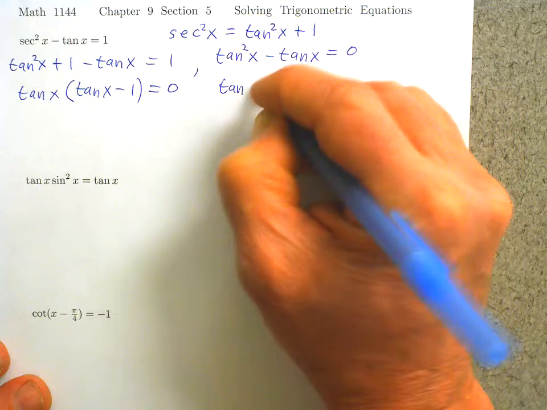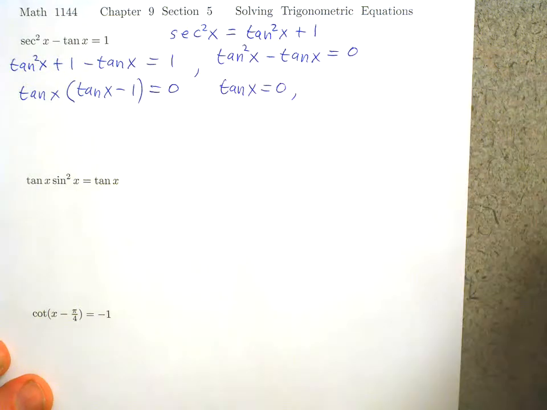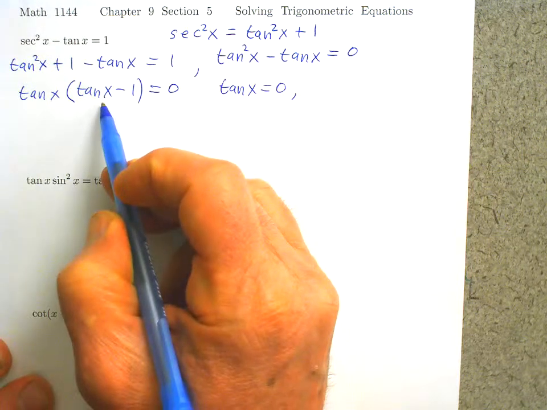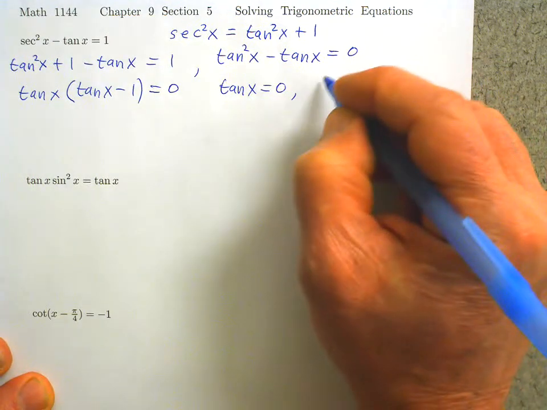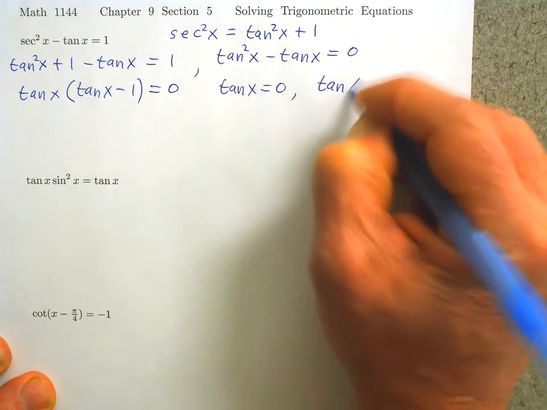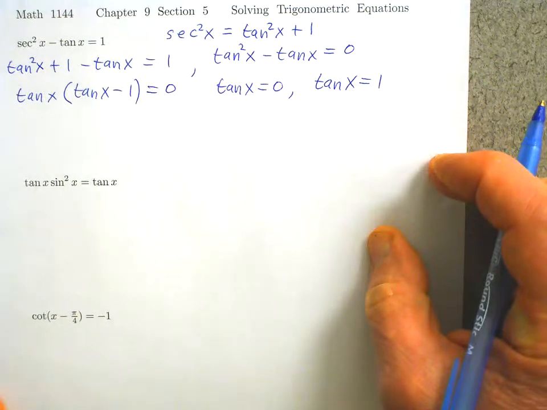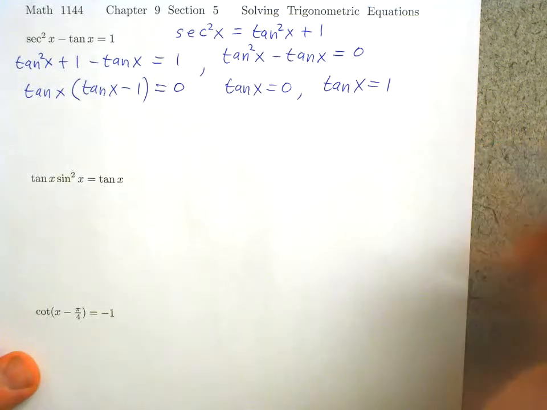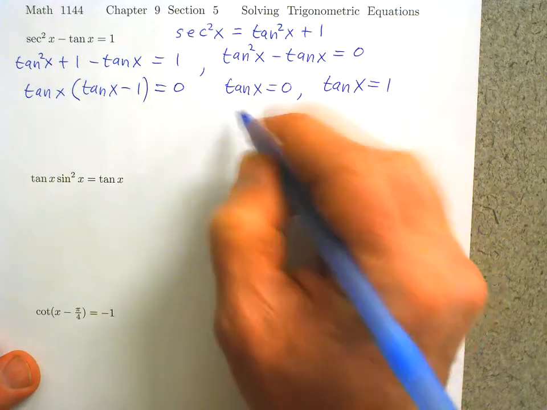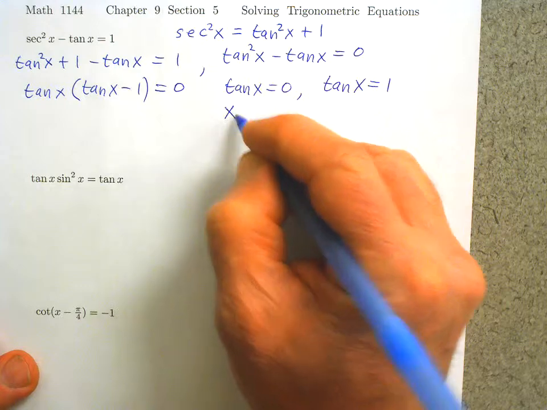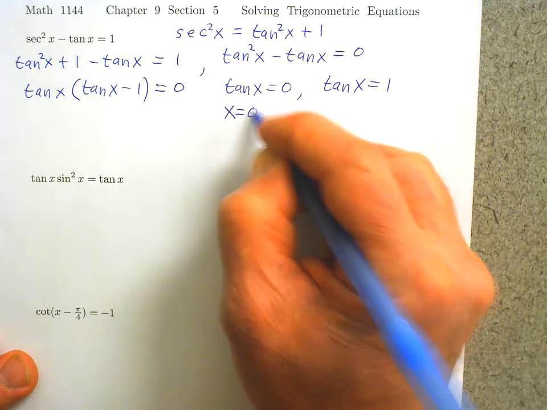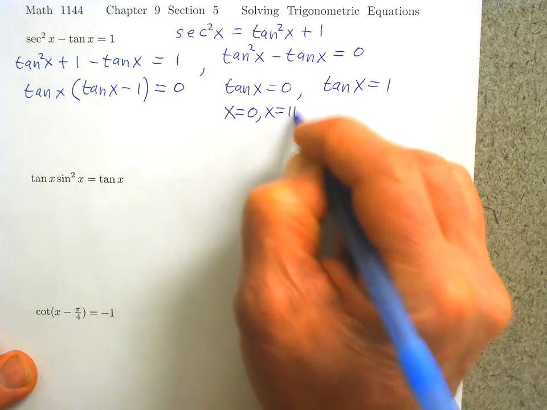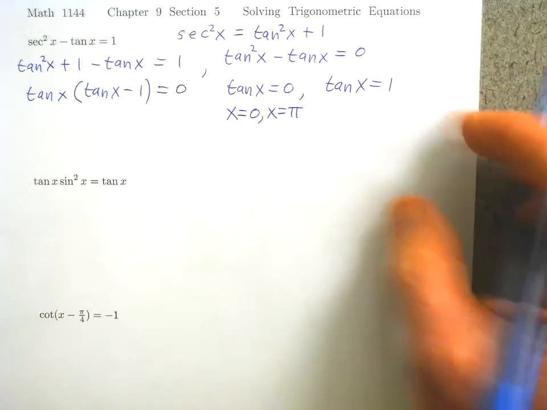So tangent of x equals 0. And then when we set tangent of x minus 1 equals 0, add 1 to both sides, we get tangent of x equals 1. Okay, between 0 and 2 pi, excluding 2 pi, x equals 0 and x equals pi are solutions.